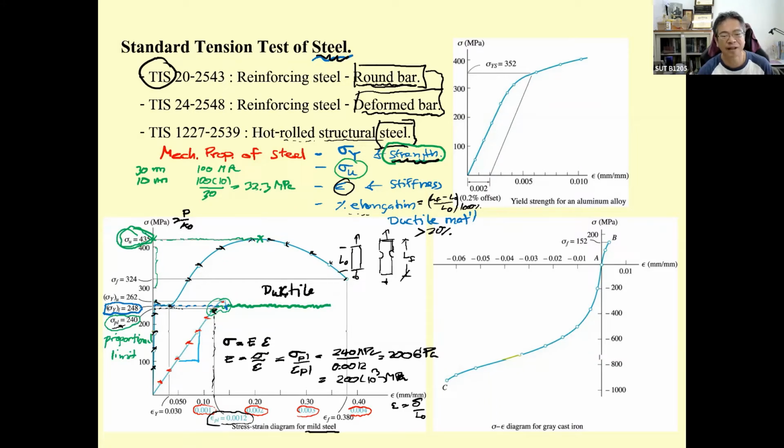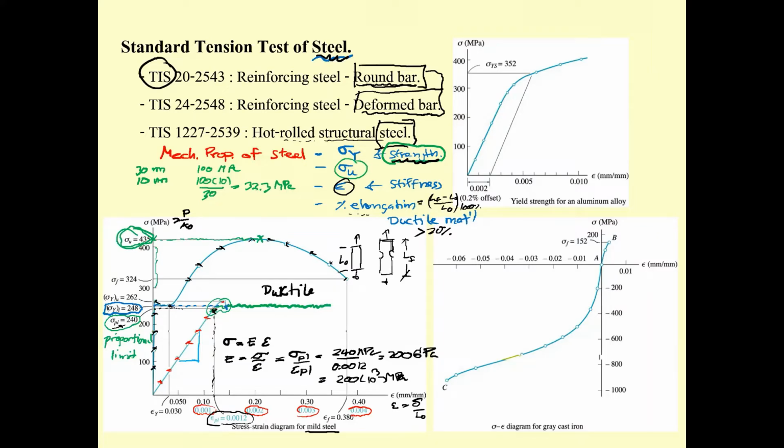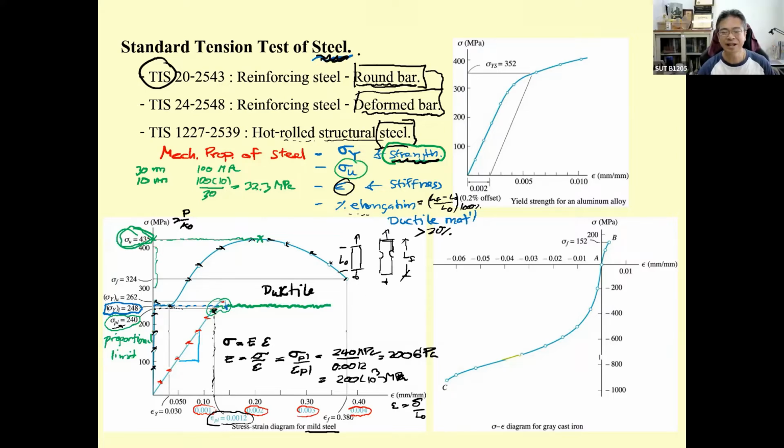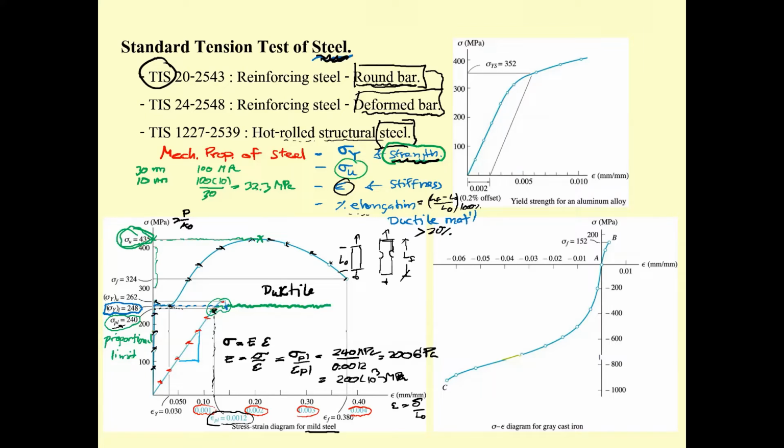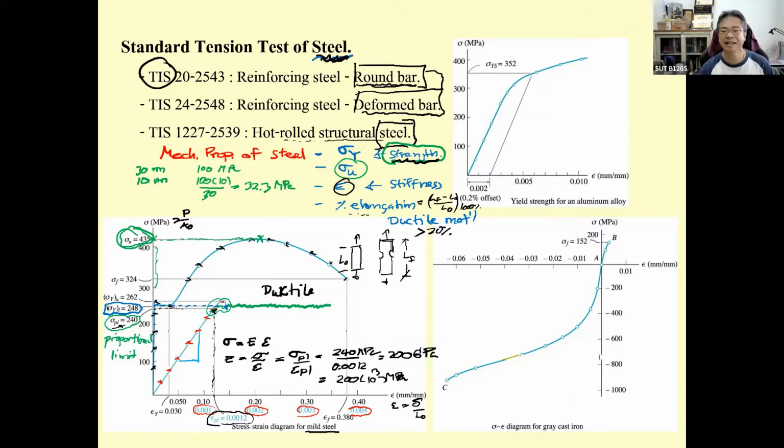Okay, most of the time the steel is used to take tension and compression, and since the property of the steel in tension and compression is very similar, most of the time it is more convenient to do the tension test.